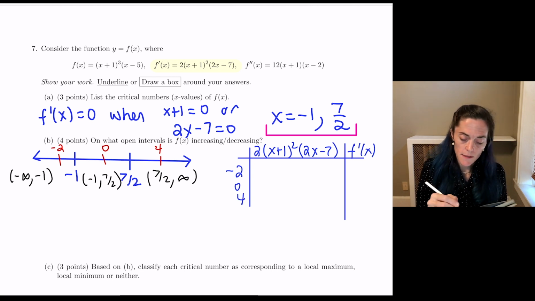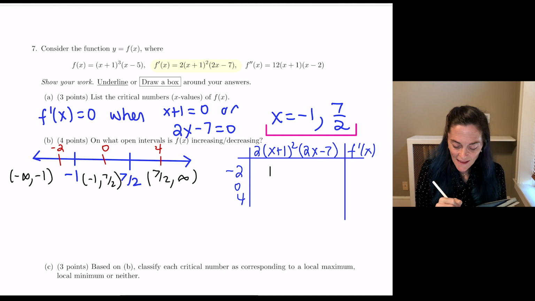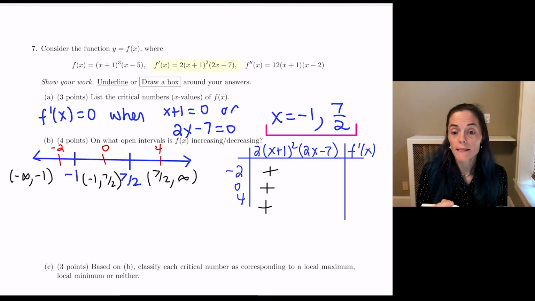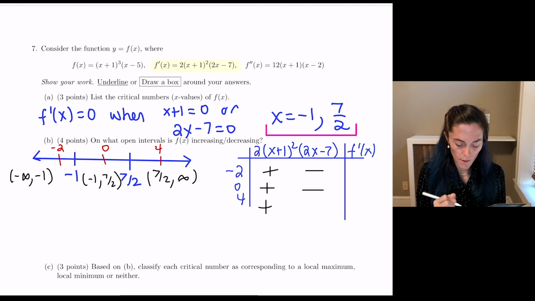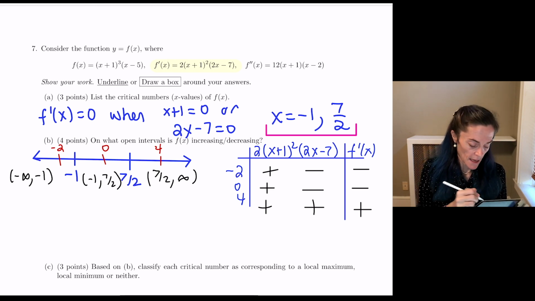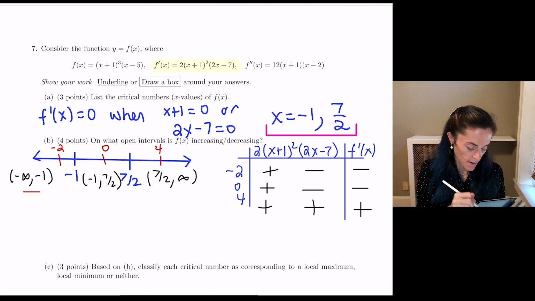The thing is, this part, it's a square, so it is always positive. Now, 2x minus 7 at x equals -2 is negative, at x equals 0 is negative, at x equals 4 is positive. So my derivative goes negative, negative, positive. Let's write it. We have negative, negative, positive.